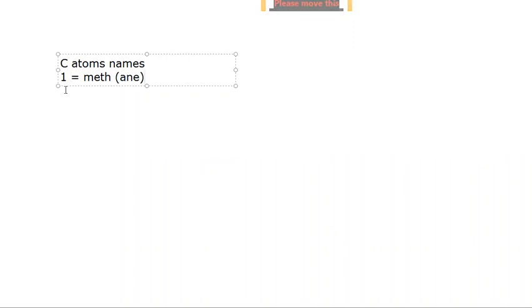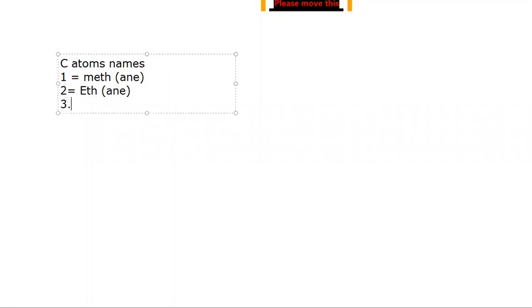Similarly, if it is two, then you name it eth, and it is ending with ane, ethane.